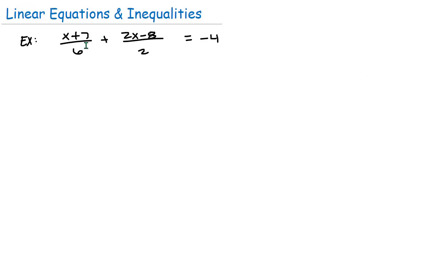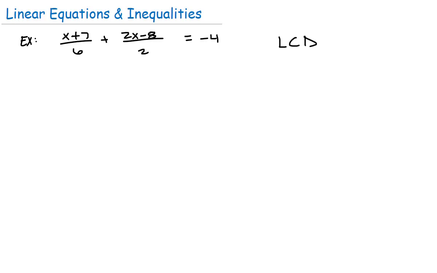Alright, let's take a look at another example. Now this one looks different. As you can see, it does have just our one variable x, but it does have fractions. And so when you have an equation with fractions, what could make your life easier in order to move forward is to multiply by the least common denominator.